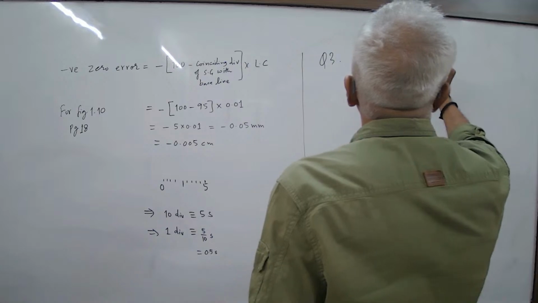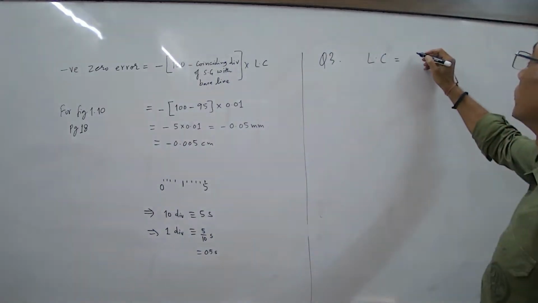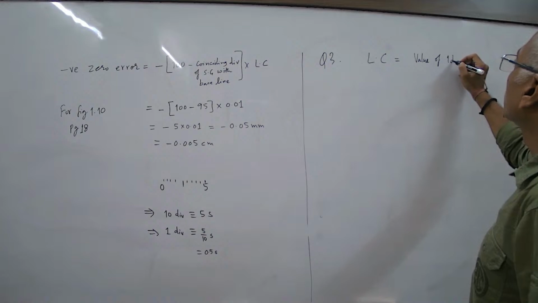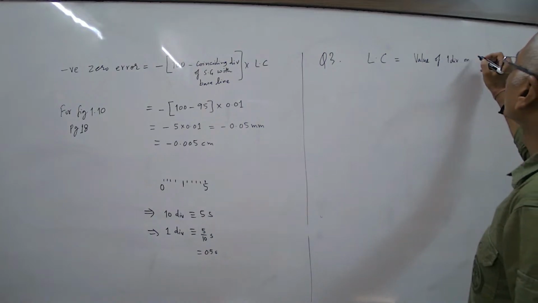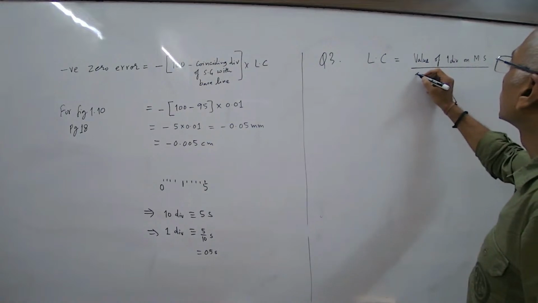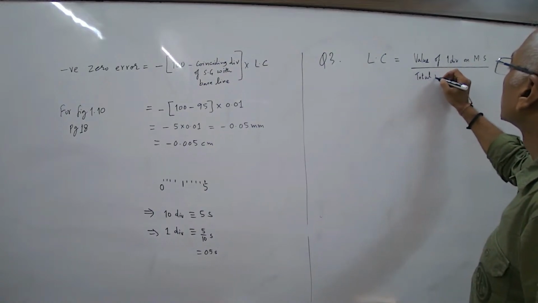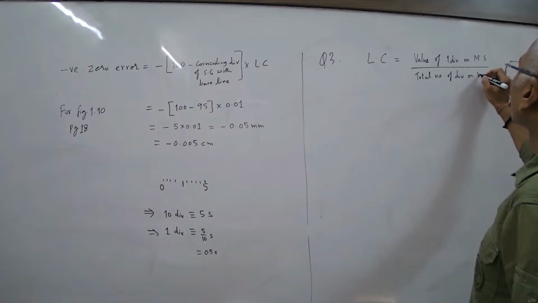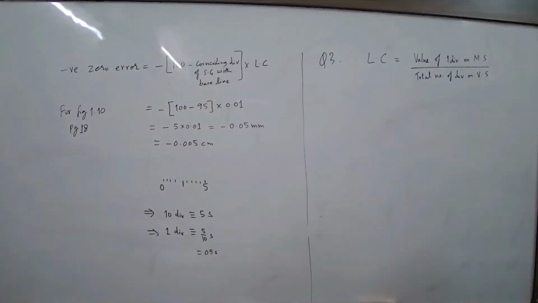Least count is the value of one division on main scale divided by the total number of divisions on vernier scale. You know this.